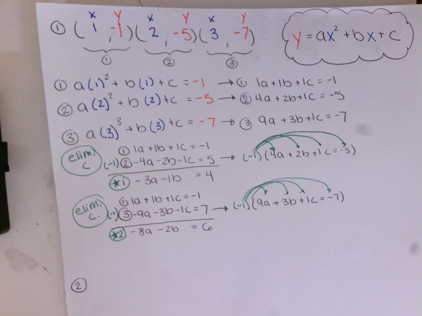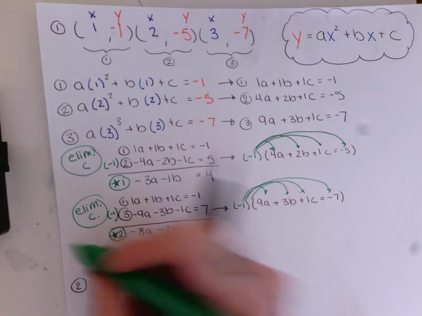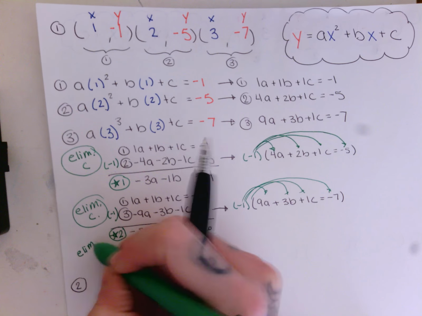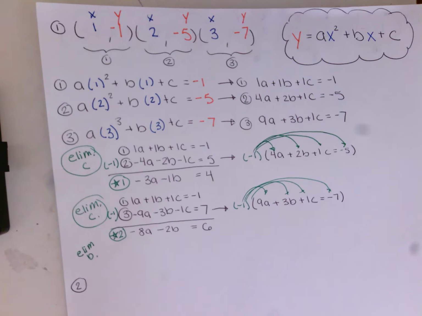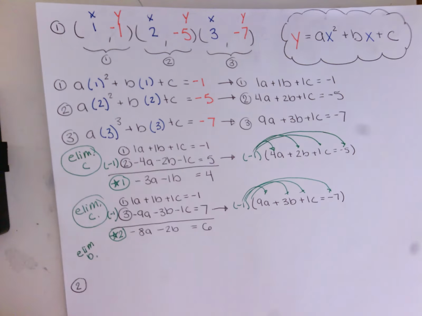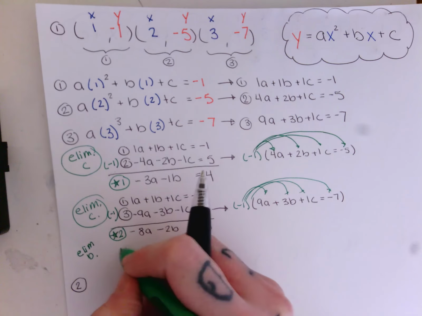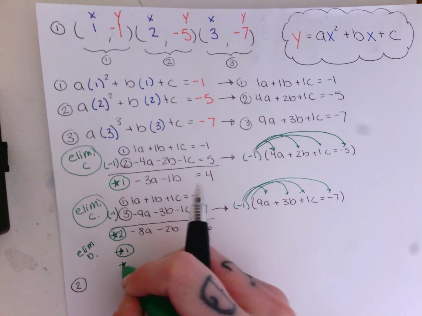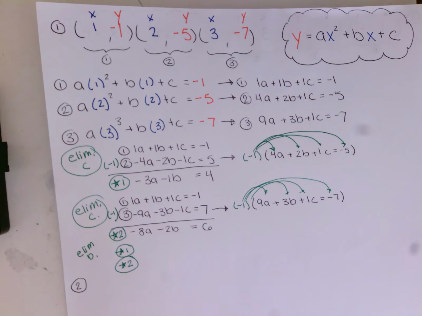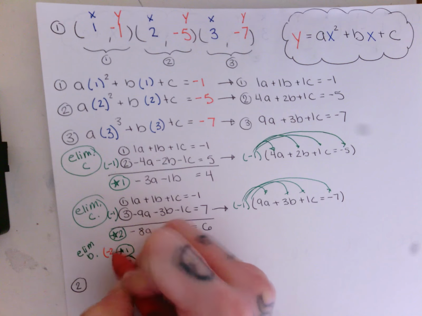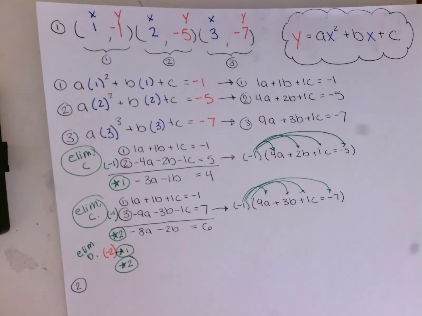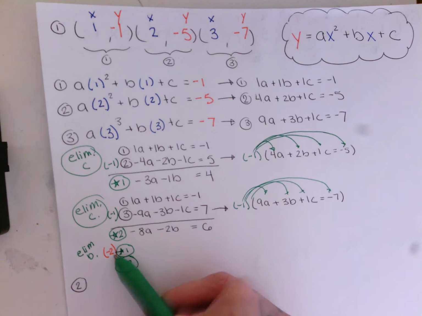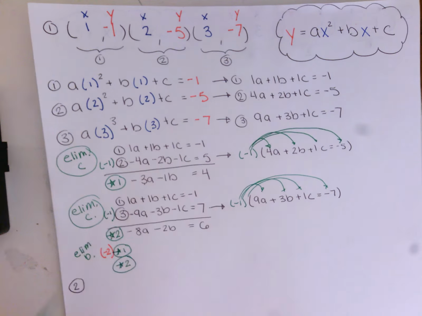Now I have my second star equation. I want to use these two star equations to eliminate another variable. Now for me it makes sense. I'm going to eliminate b. Okay. So using equation star 1 and equation star 2, I'm going to multiply equation star 1 by negative 2 so that I have negative 2 times negative 3a.